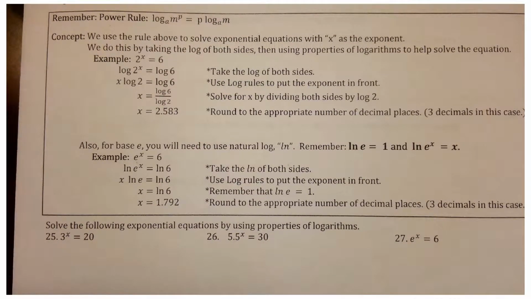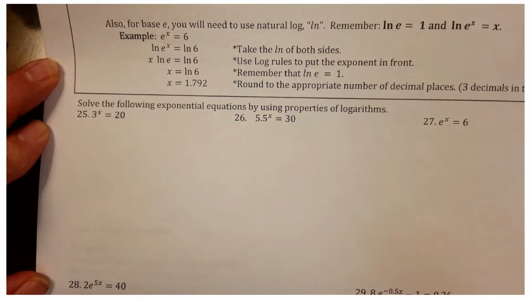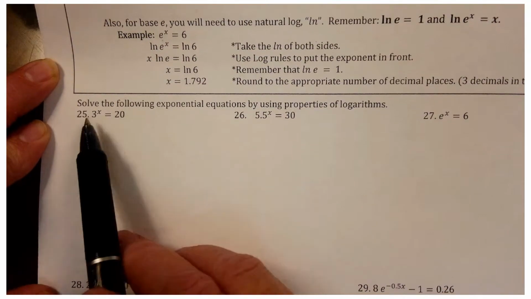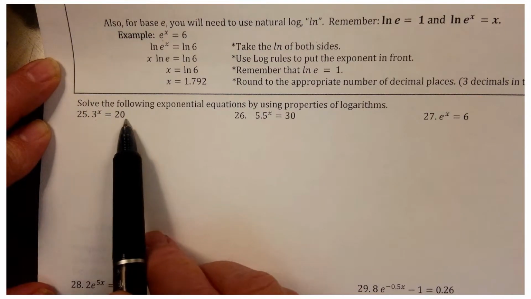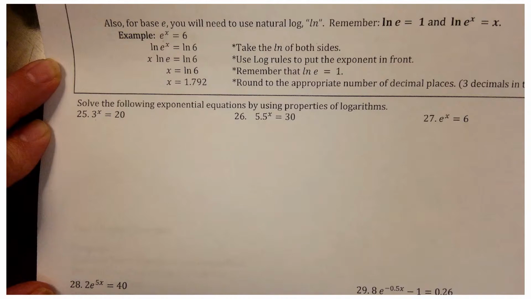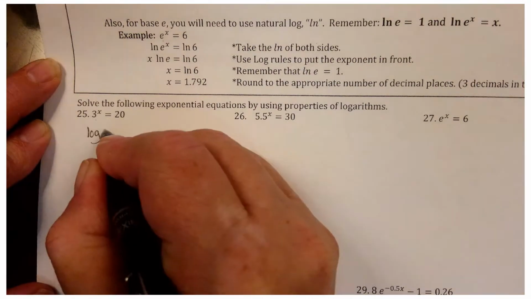So now that I've gone through a few examples, let's actually work a few of these. So this first one is 3 to the x equals 20. So the first thing we're going to do is take the log of both sides.